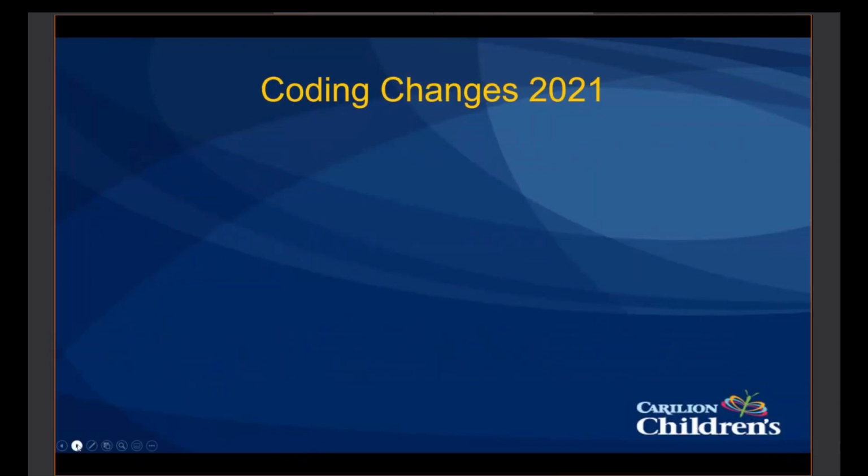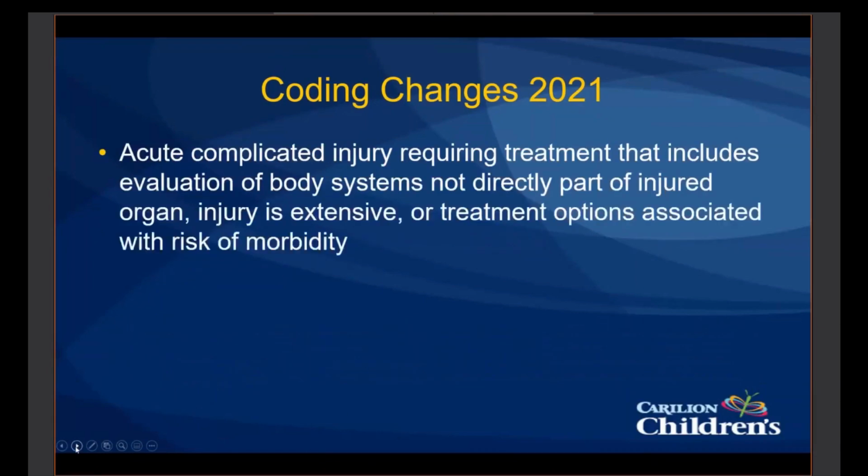So head injury with loss of consciousness or motor vehicle accident with multiple injuries would be a level 5. And then this is what we might see in the clinic: acute or chronic illness that poses a threat to life or bodily function. For example, if an infant comes in with respiratory distress or sepsis, and you have to send them to the emergency room for evaluation, that would be level 5 for the complexity of the problem.